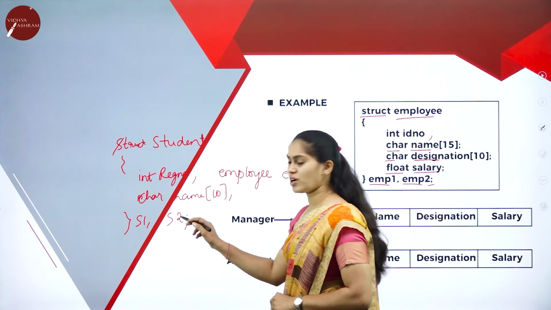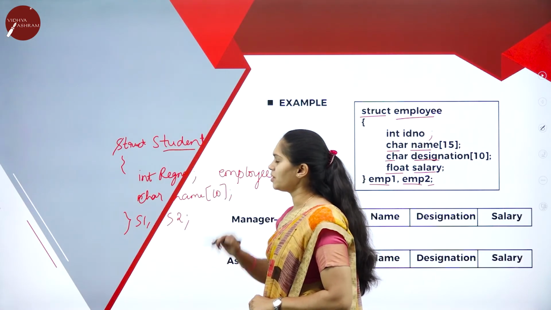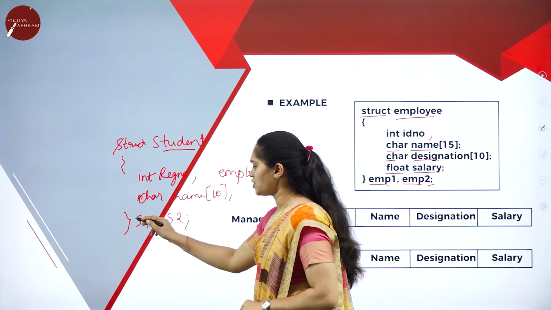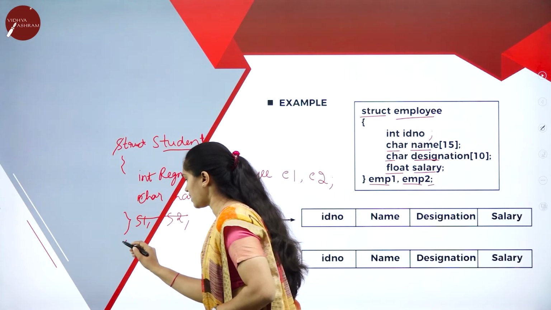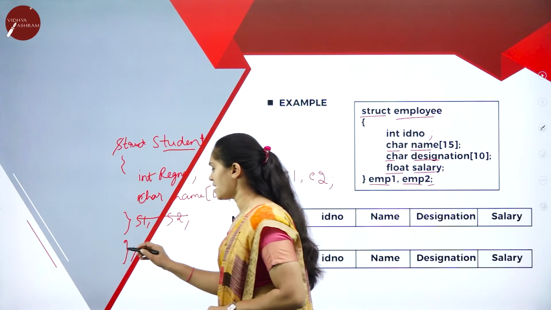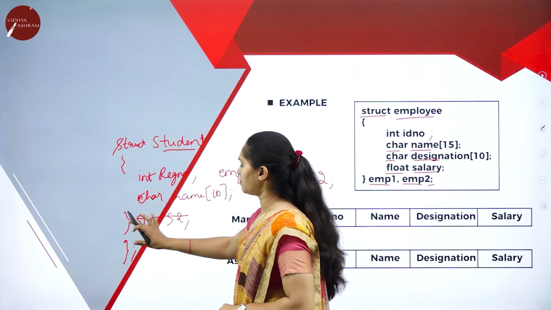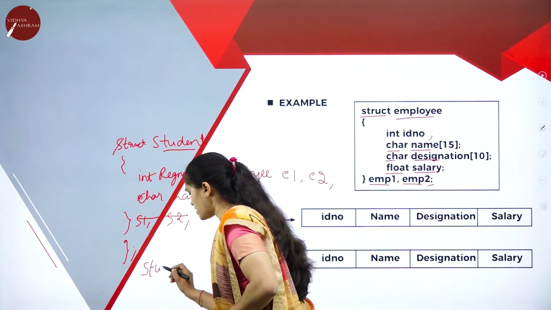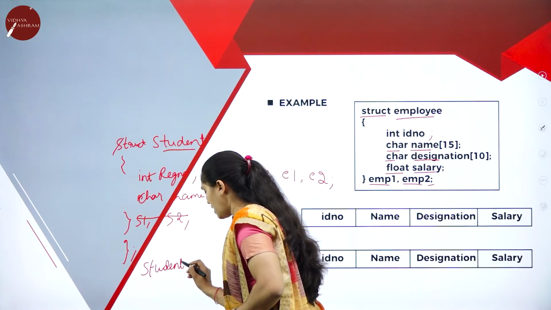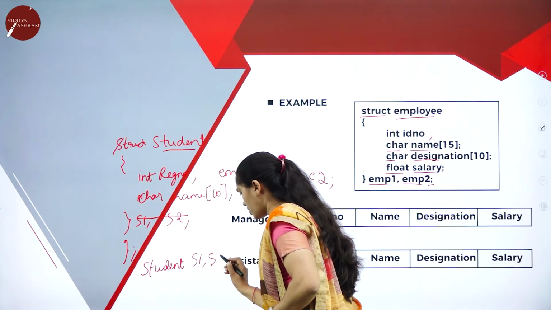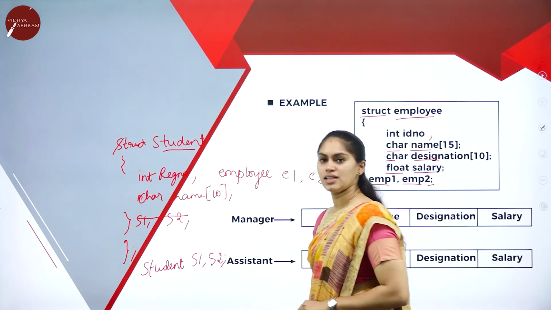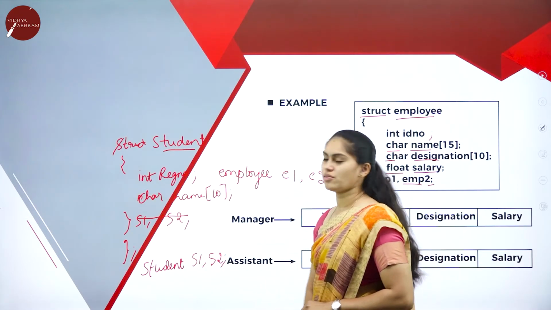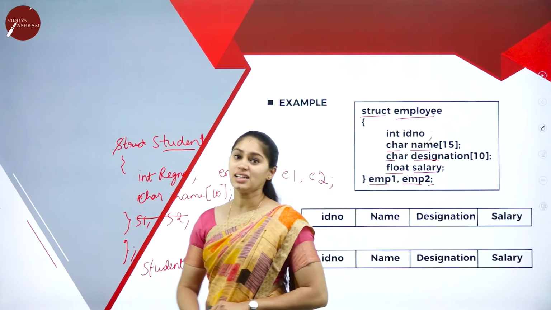This S1 and S2 are the variables of the data type student. Or else, instead of this line I can also write like this. I close the curly braces with a semicolon that indicates the termination of this structure, and I can write the name of the structure, that is student. I can create variables S1 and S2. Okay, there are two possibilities of creating variables for a particular structure.